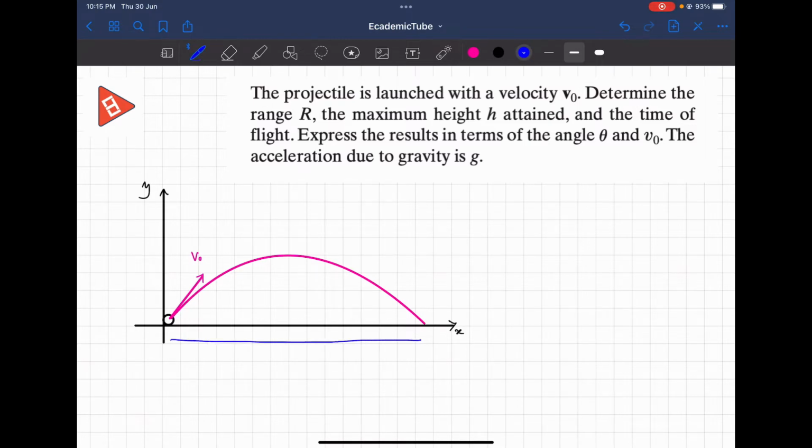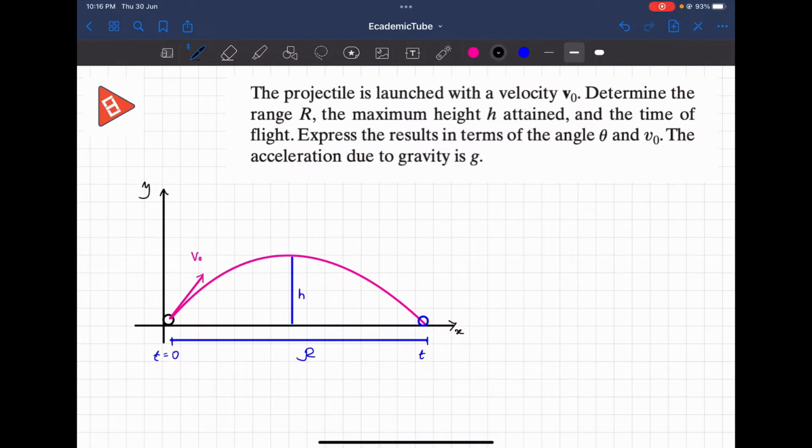This one is the range from starting point to end point, and it asks for the maximum height attained. This one will be our maximum height, and the time of flight. When the ball reaches here, he is asking to derive the time. Here the time is equal to 0 when it got the velocity. So now we will derive these equations that they have asked.